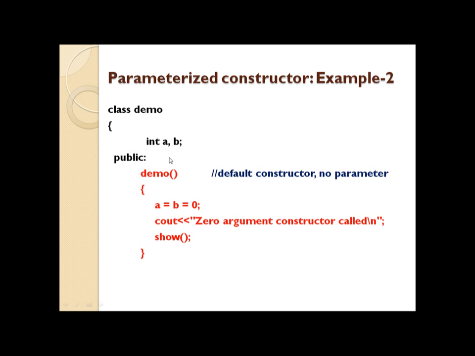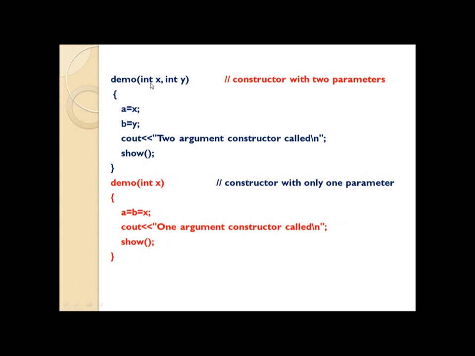And here there is another constructor, demo with two parameters, int x, int y. So we are utilizing a constructor with parameters, and the value of x will go to a, the value of y will go to b, and this constructor will display a message which is written here in cout, two argument constructor called.